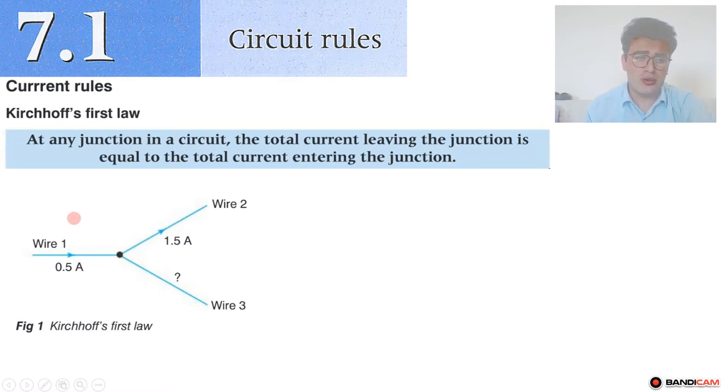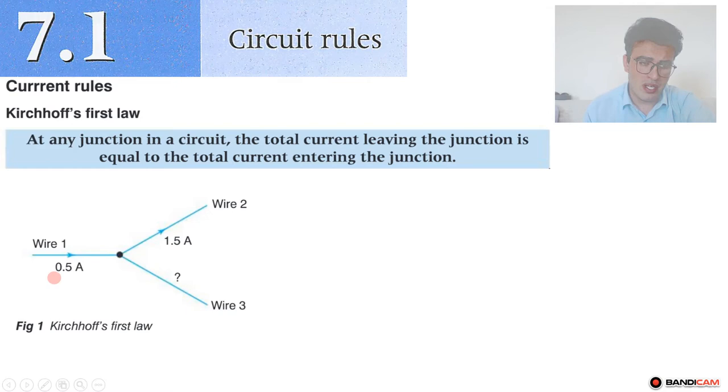According to Kirchhoff's first rule, the total current entering the junction is equal to the total current flowing out, or leaving, the junction. The total leaving the junction is 1.5 ampere.